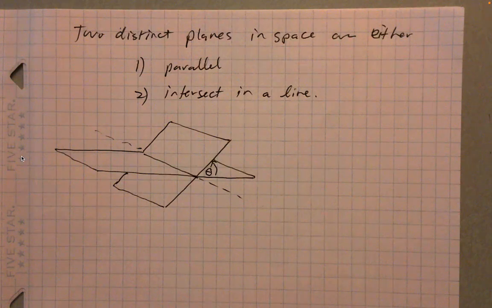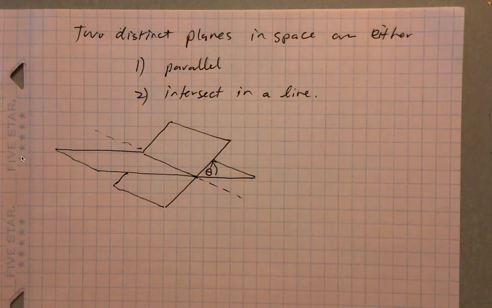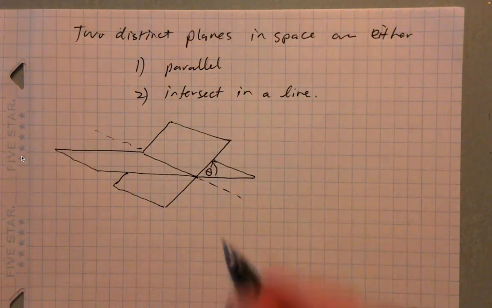So that's the angle that we would be interested in knowing. Now, obviously, if you know this angle, then you must know the angle over here. It's 180 minus whatever that angle is. So which angle you get is irrelevant. If you get one, you get all of them.